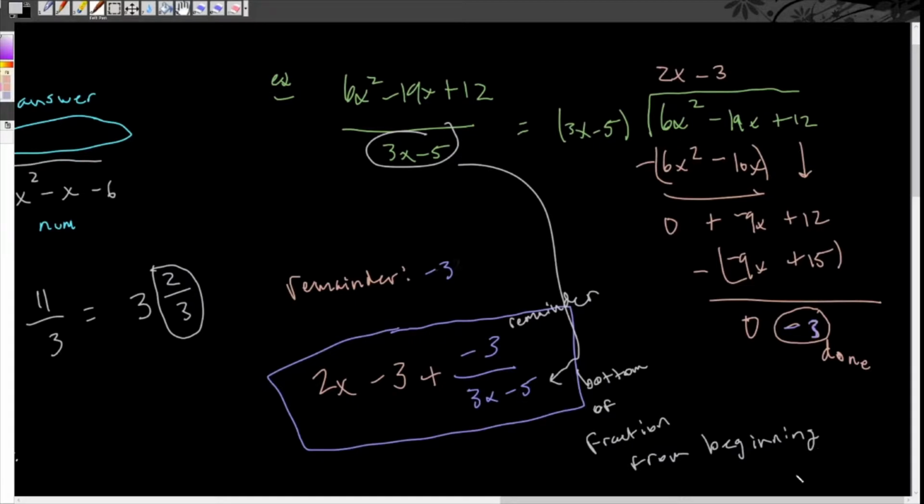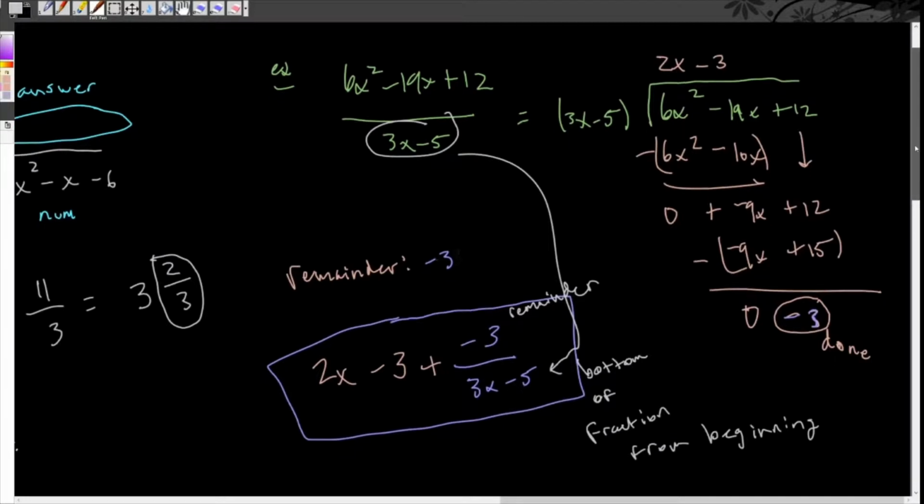Any questions here? So now really the only thing that's different is that we have a remainder, and this is how we deal with it. You take the number you got, so that would be negative 3. Notice it's a different negative 3 than this one, and then you divide by the denominator from the beginning.